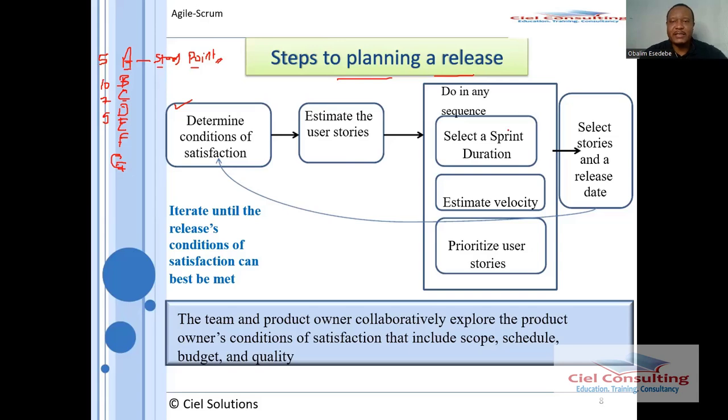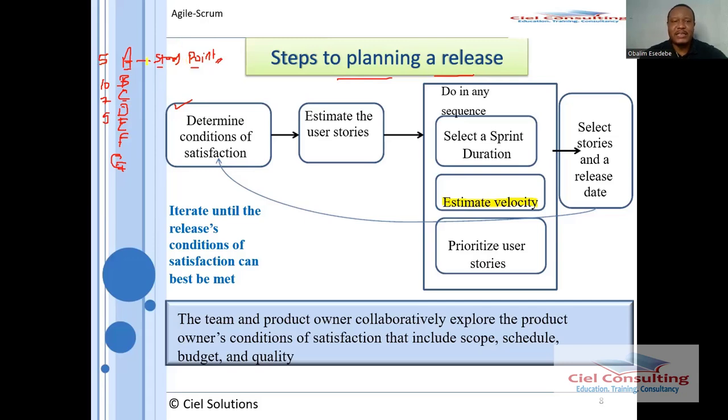So once you've determined your story point for your user stories, you now estimate the team's velocity. So the team's velocity basically talks about how many story points the team is able to implement within a particular sprint. And that, of course, is what we refer to as the velocity of the team. For example, if the team's velocity is 15, it means that in a particular sprint, they cannot do more than 15 total story points.